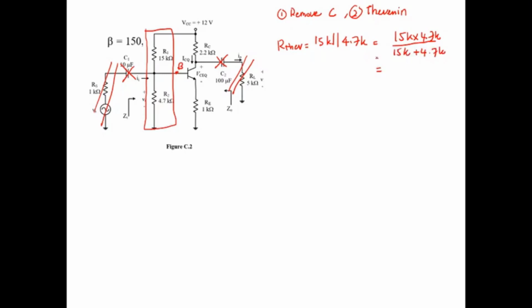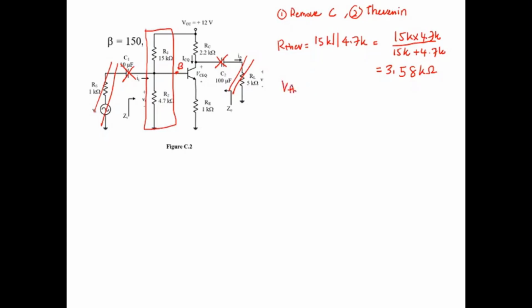Okay, so we can calculate this one. The calculation is 15 times 4.7 divided by 19.7. So you get 3.58 kilo ohm.